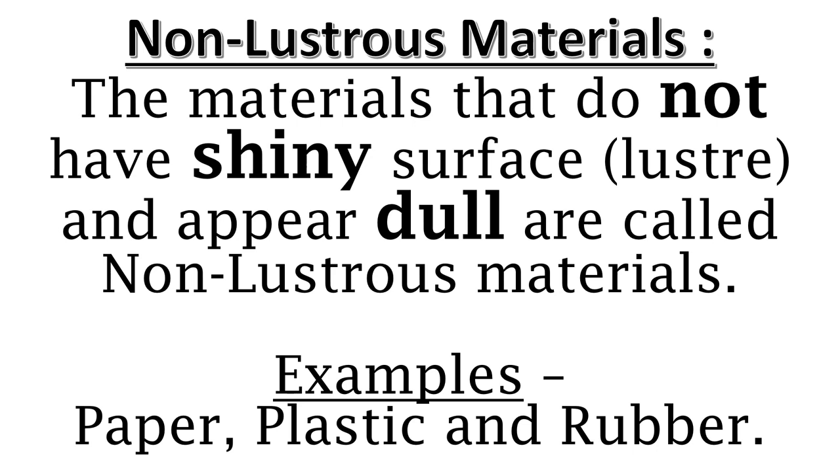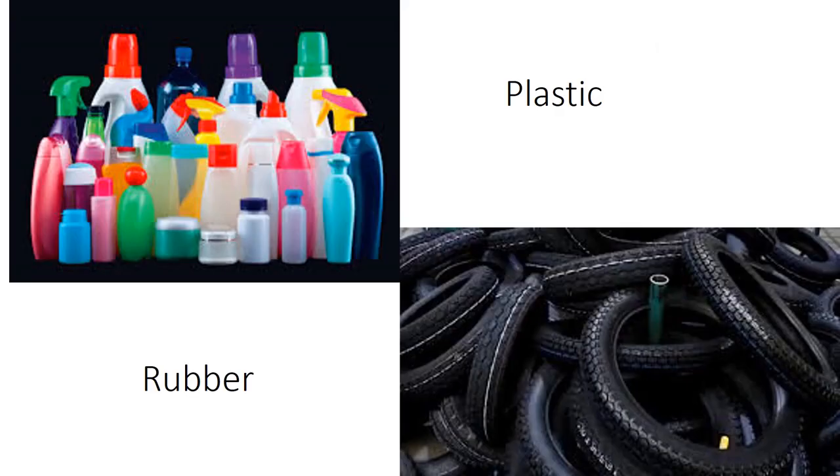In the same way, all the materials which lack shine on their surface are non-lustrous materials. You can check here: plastic bottles, rubber tires, they do not have shine, rather they appear dull. So, they are examples of non-lustrous materials.